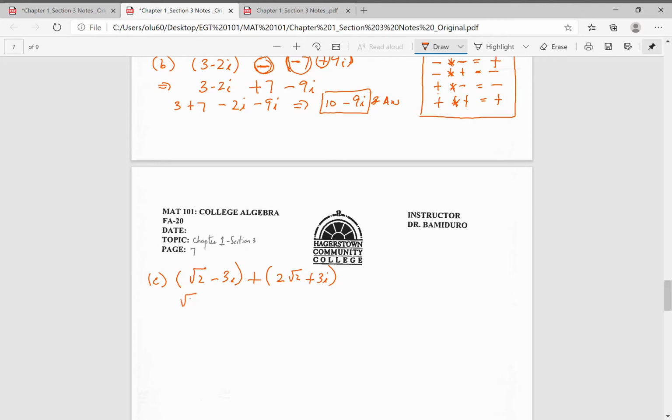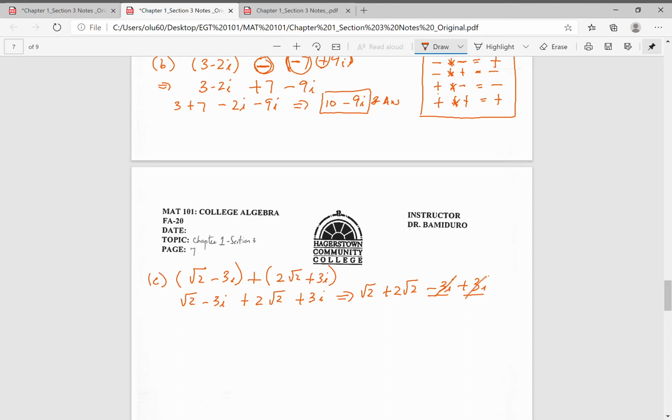So that's root 2 minus 3i plus 2 root 2 plus 3i. We want to bring the like terms together, or the real numbers together, and then the complex numbers together. So that's going to be root 2 plus 2 root 2 minus 3i plus 3i. And now we see here that this is a minus 3i and a plus 3i.